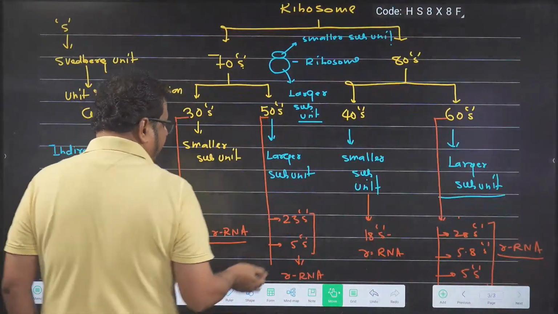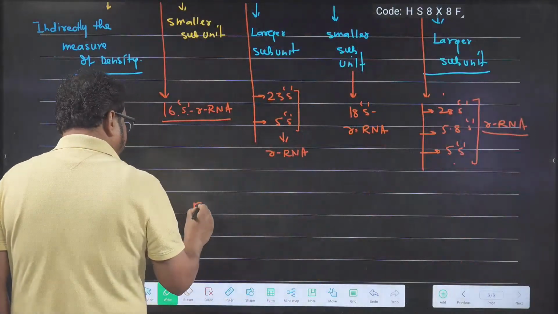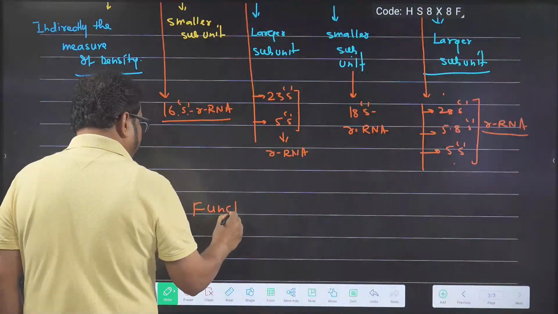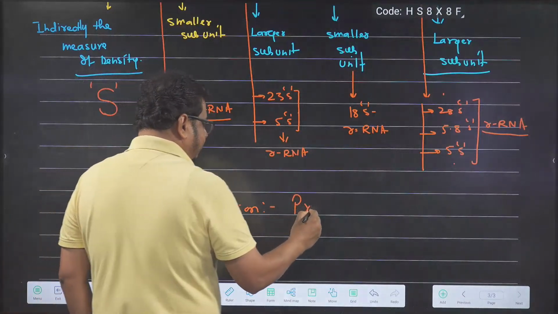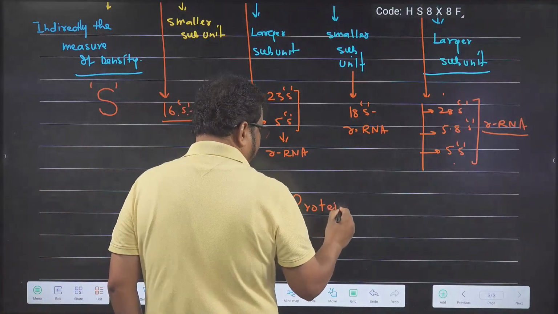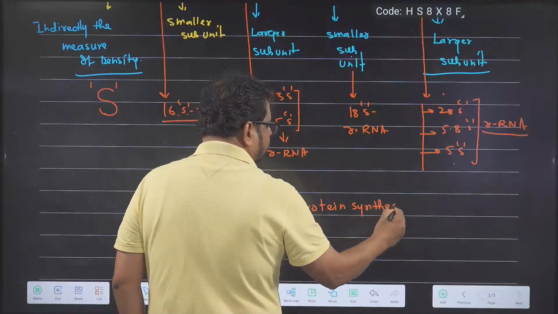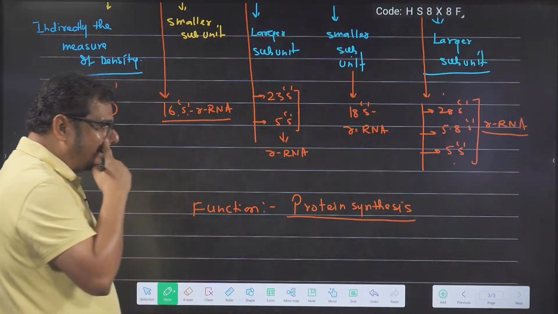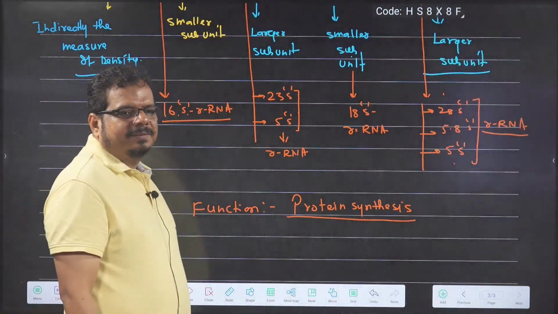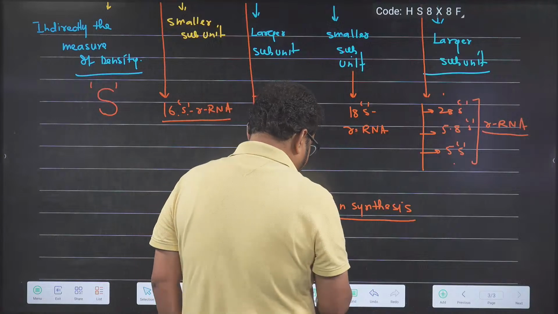Once again, let me briefly review the ribosome, but before that, let me write the function. You tell me the function of ribosome. Protein synthesis. Got the idea? Function is protein synthesis.